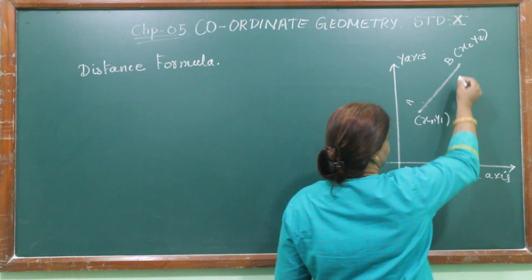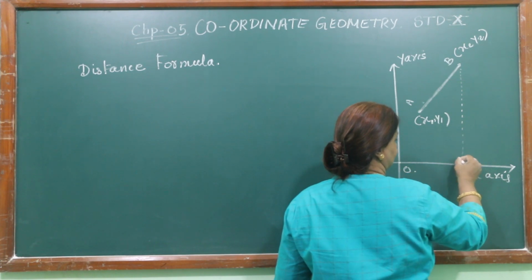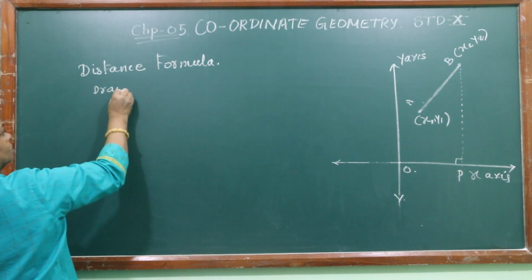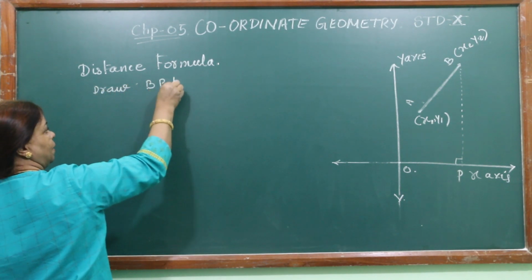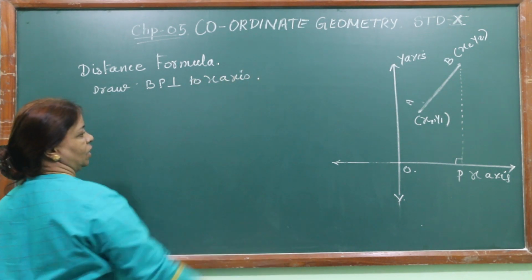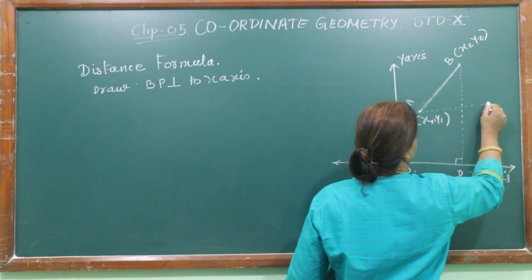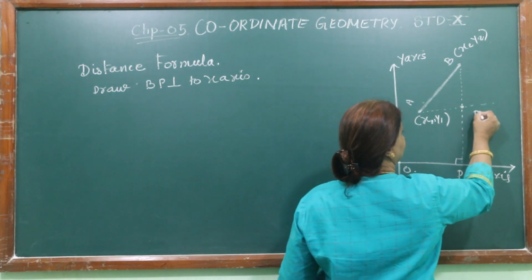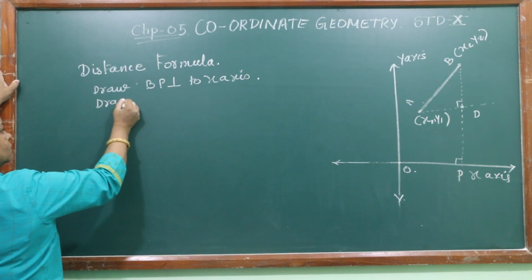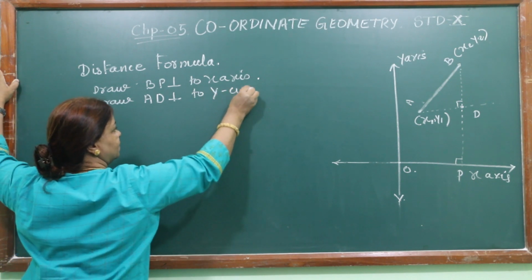Now let us see, children. Let me draw a perpendicular line on the x-axis, BP. So draw BP perpendicular to x-axis, okay, and draw a line AD perpendicular to y-axis.